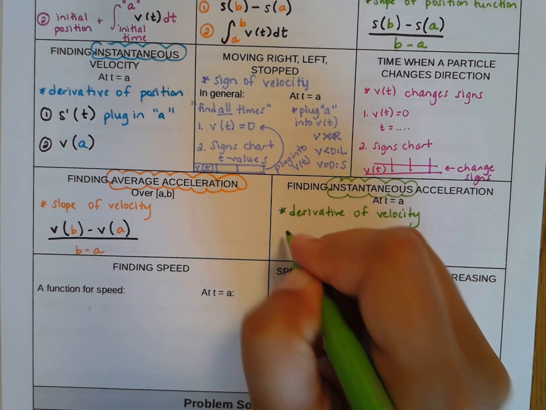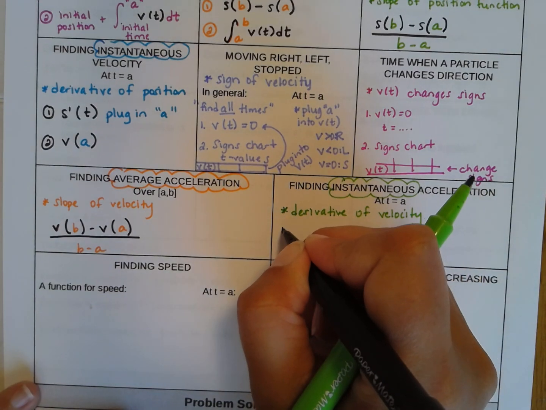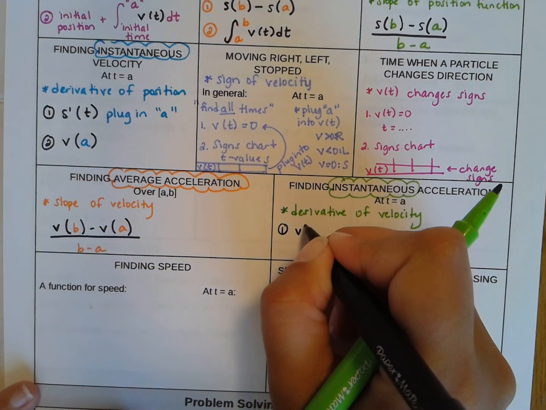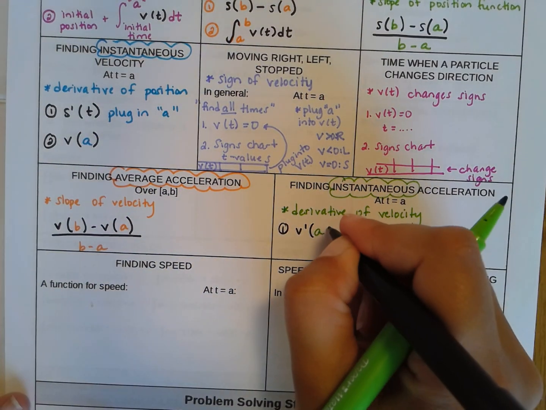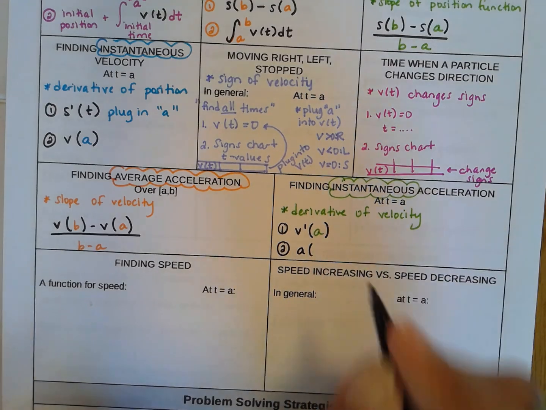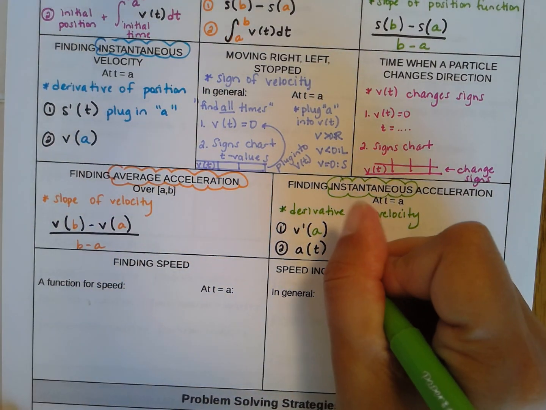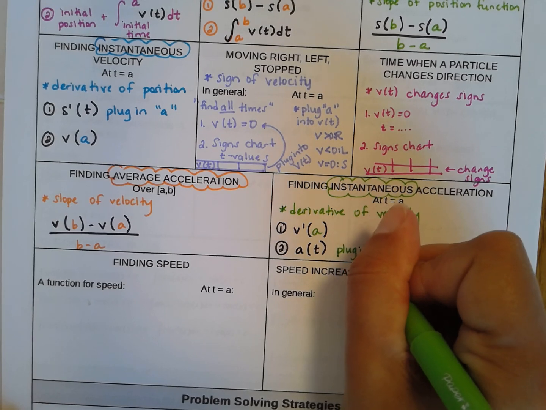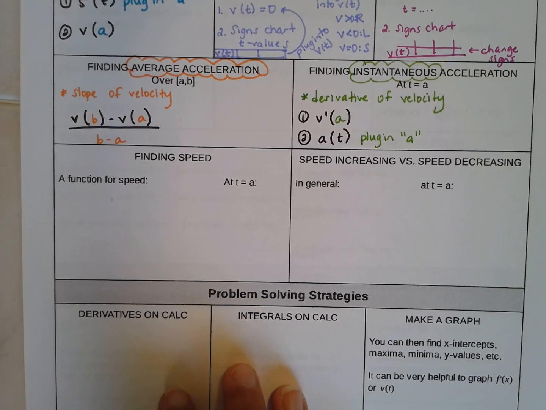So you would need to take the derivative of velocity and plug in your value. Now, another scenario would be if you actually have the acceleration function already, you could just take your acceleration function and plug in a, whatever the value is.